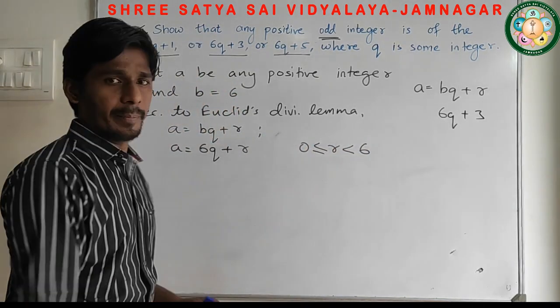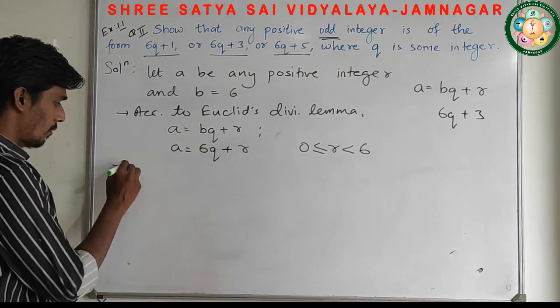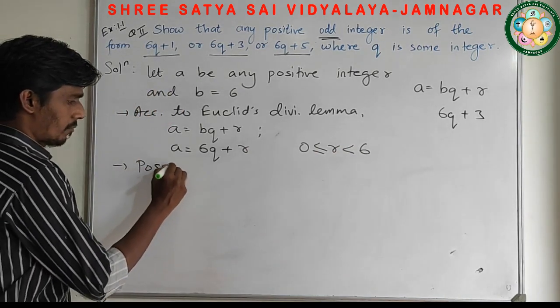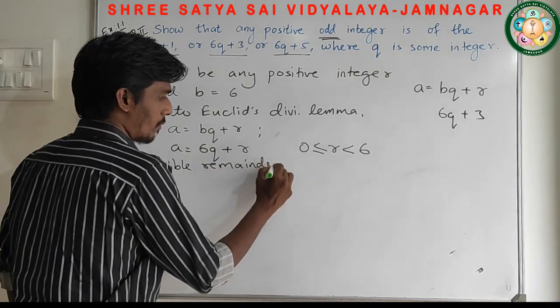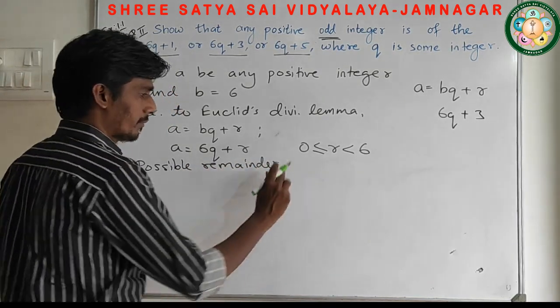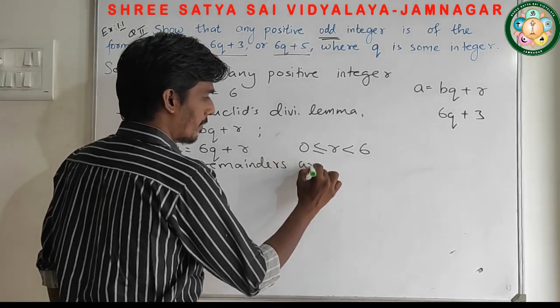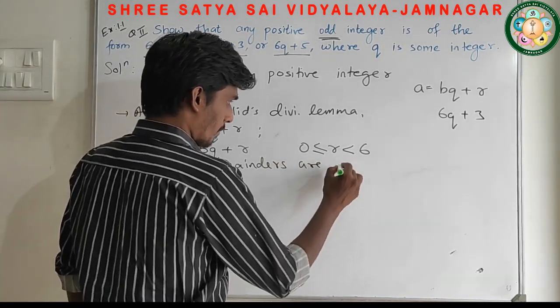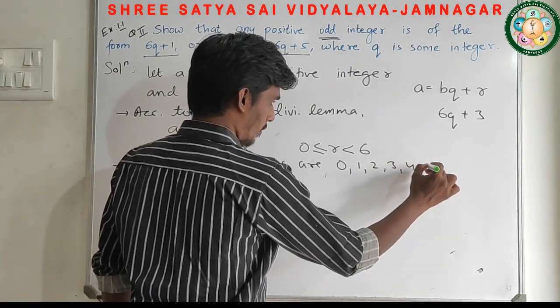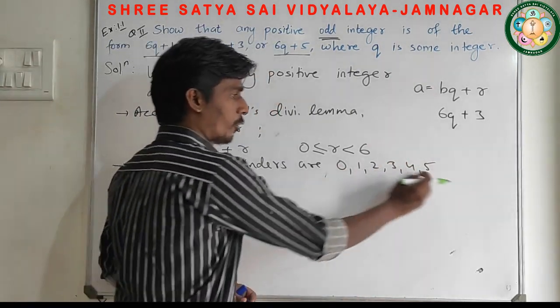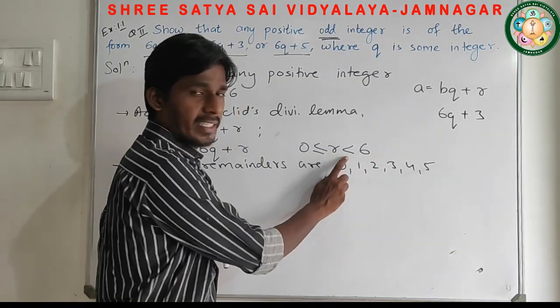Then what are the possible remainders for this? Possible remainders are 0, 1, 2, 3, 4 and 5. Why 0 to 5? Because the remainder is less than 6.